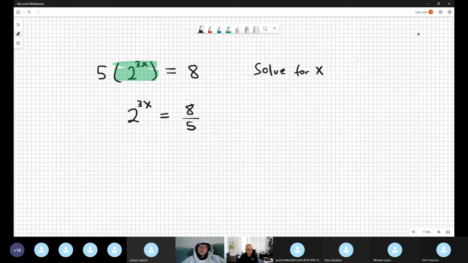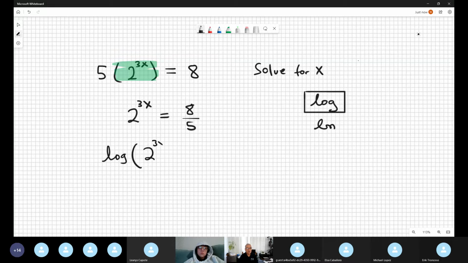What kind? Standard logarithm. Remember in the standard we have log and ln. At the beginning, the students prefer log. I don't know why, because they consider that ln is weird. No, it's not weird. It's nice. However, let's solve it by log. No problem. Log of 2 raised to the 3x equal log of a over 5.